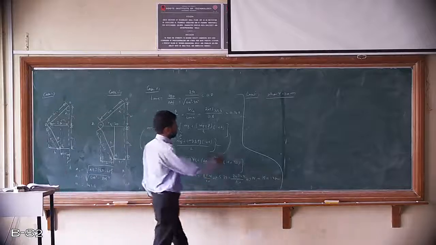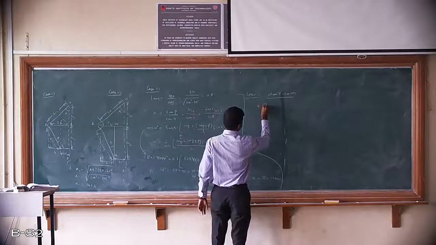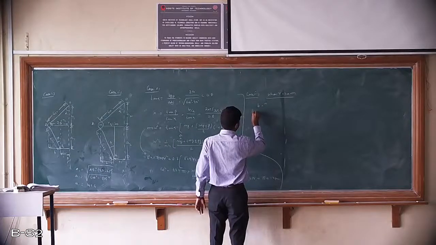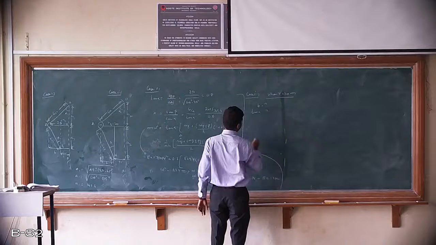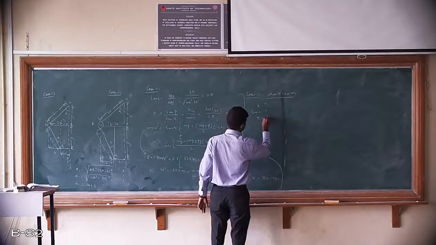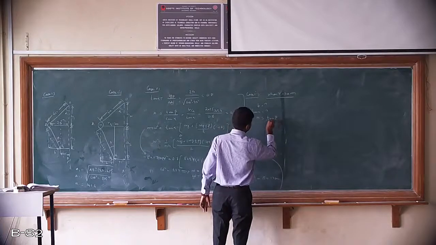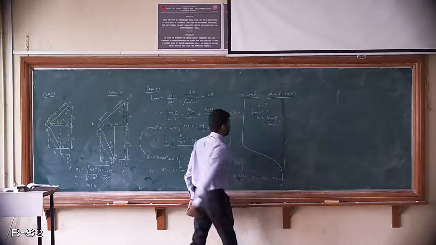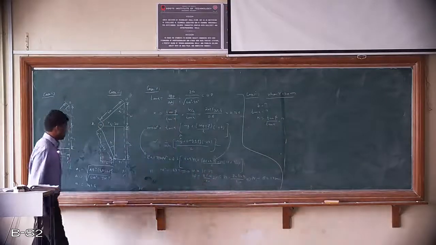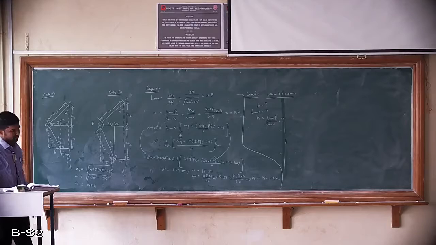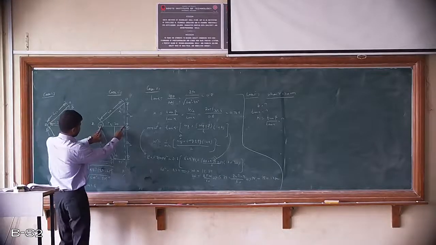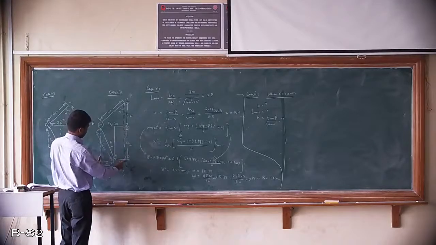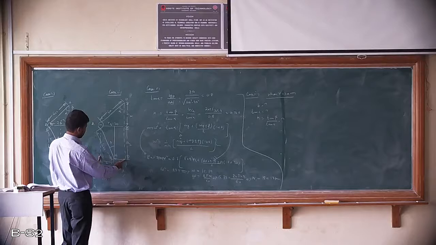First we need to find out the value of tan alpha, then we need to find out the value of k as tan beta divided by tan alpha. So first find out the value of b. The total length is 300. From this point to this point, the horizontal distance is 300.